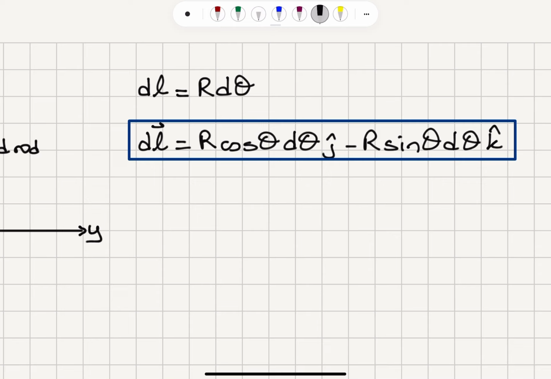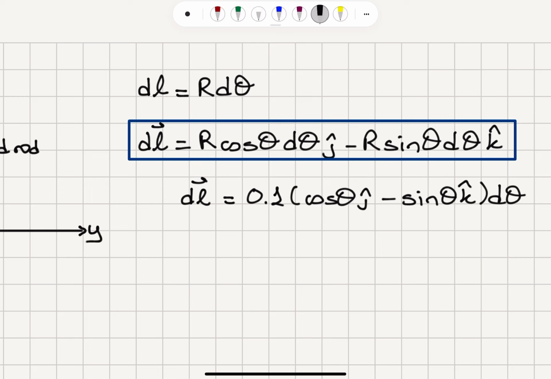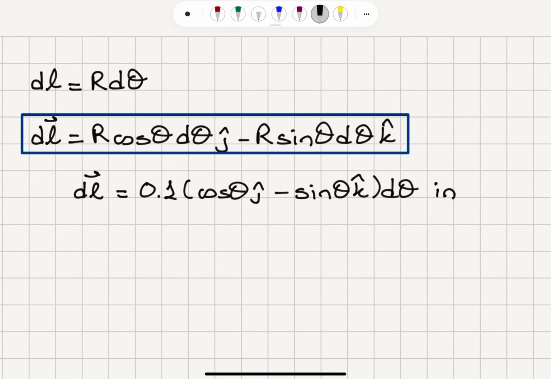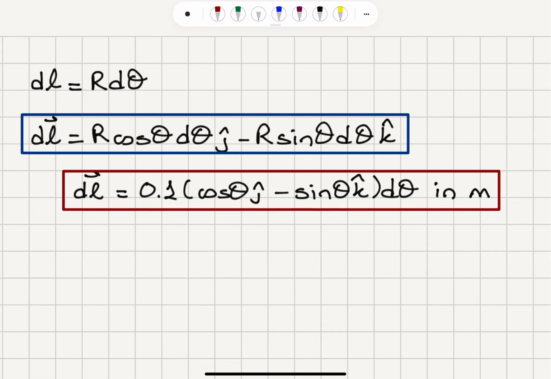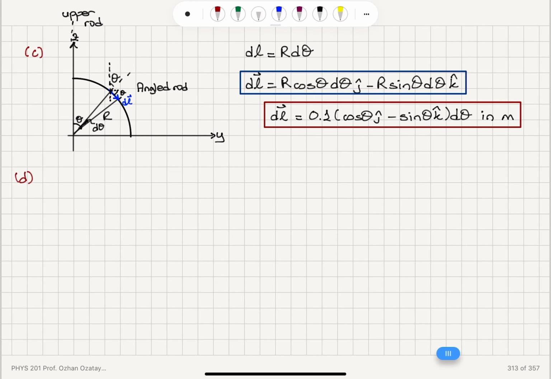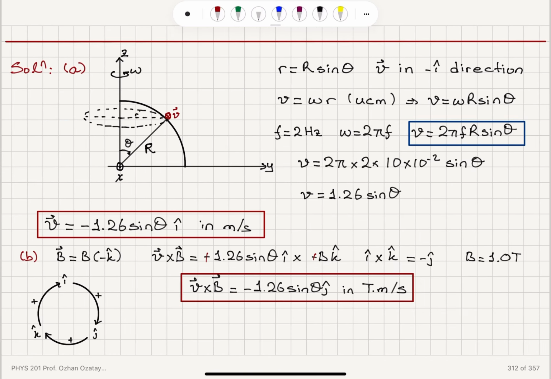Now, capital R is 0.1 meters, so we can write this as 0.1 times cosine theta j hat minus sine theta k hat, d theta, in meters. So that's the line element along the shortest path that connects the angled rod to the upper rod, as asked in part C. Okay, so we will continue with this.